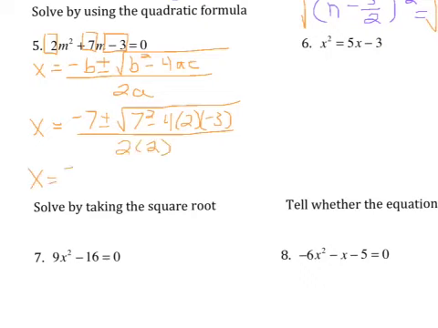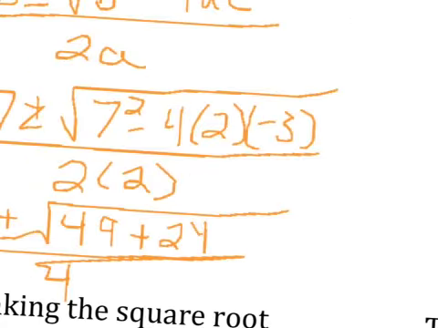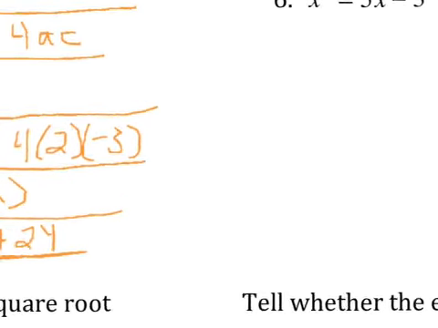So that will be negative 7 plus or minus the square root of 49. Negative 4 times 2 is negative 8. Negative 8 times negative 3 is a positive 24. All over 4. So, let me zoom in a little bit. Get some more room.